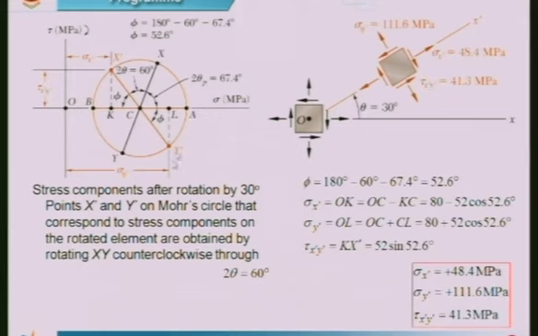Whereas this one, L y dash, is below the axis, which produces an anti-clockwise rotation. So, we will get the shearing stress like this. So, this is the shear block which is rotated at 30 degrees, and the normal stress and the shearing stress that is going to be acting is what we have obtained. So, this is what we get, the values 48.4, 111.6 megapascal and 41.3 megapascal.